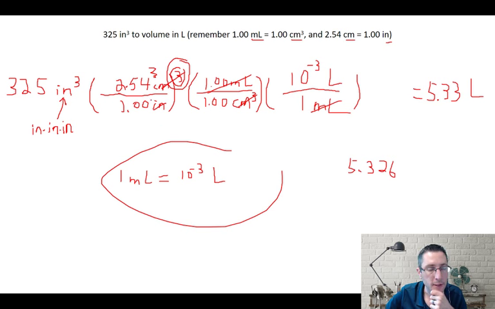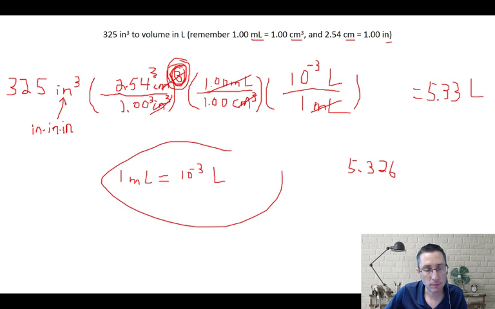The inches cubed cancels out because this superscript 3 is attached to everything inside the parentheses, which means the 1 down here gets cubed, but 1 times itself is still 1. The inch down here gets cubed, so it's inches cubed.